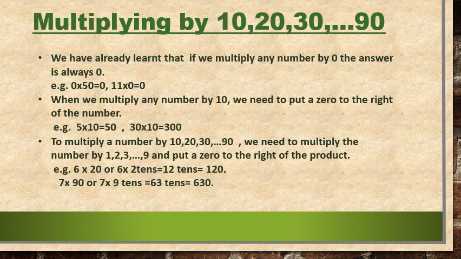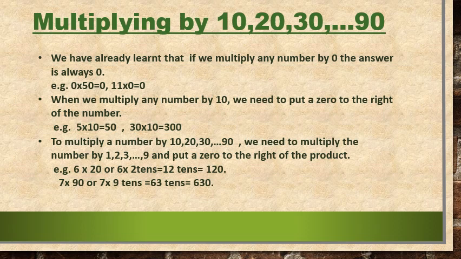For example, 5 into 10 is equal to 50. So here we are putting the 0 to the right of the number 5. Got it? Same as 30 into 10 equal to 300.